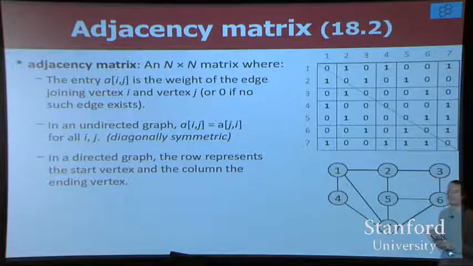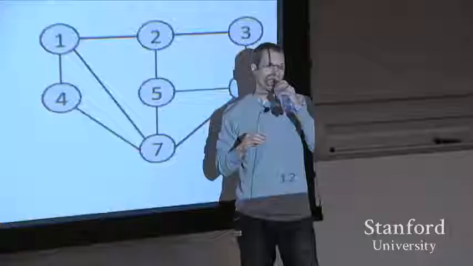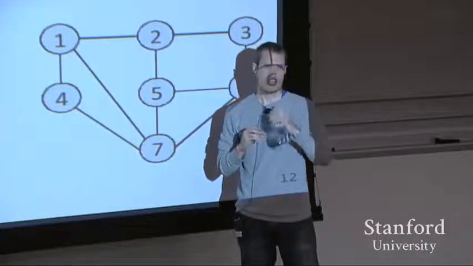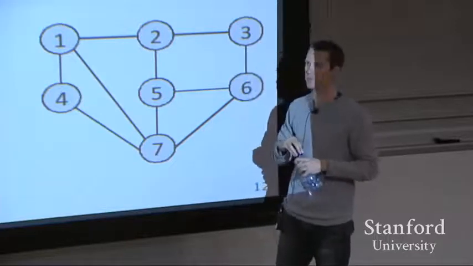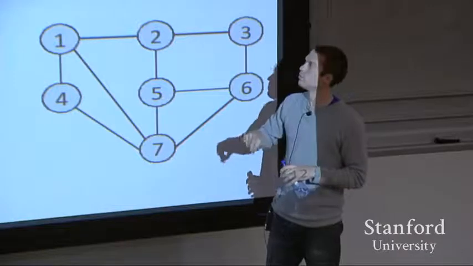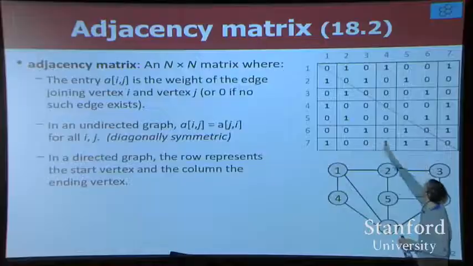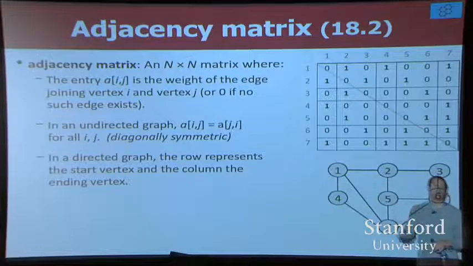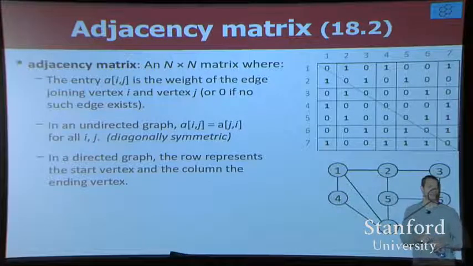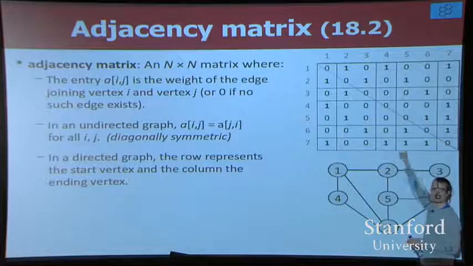What about if I just ask for, give me all the neighbors of vertex 5? How do you figure that out? Yeah, just walk across that row and look for all the ones. Those that have ones next to them are the neighbors of vertex 5, right? In order to do that, you have to loop across here. And how long does that take?